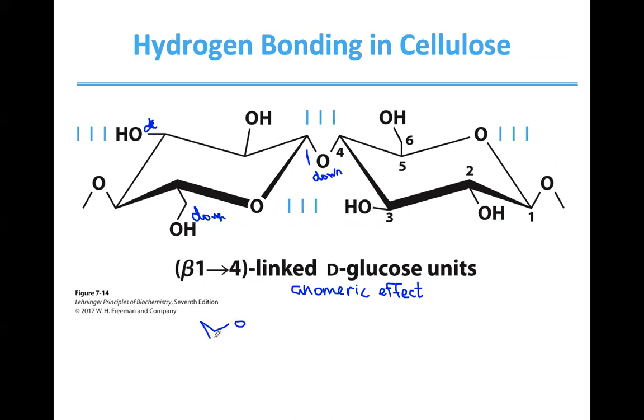So let's say you have an alpha glycosidic linkage. So OH, and this is OR. Alpha. Well, it turns out that, and let me draw beta. It turns out that alpha glycosidic linkages are susceptible to this anomeric effect and beta are not.